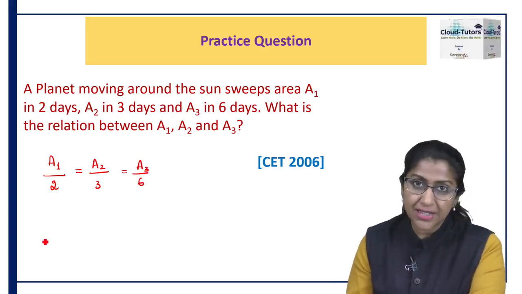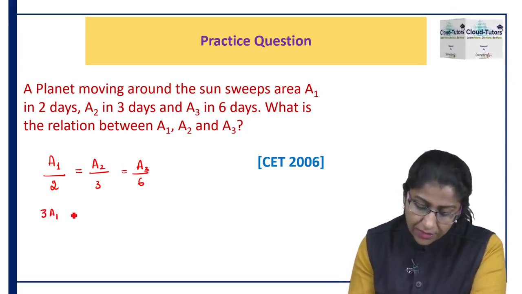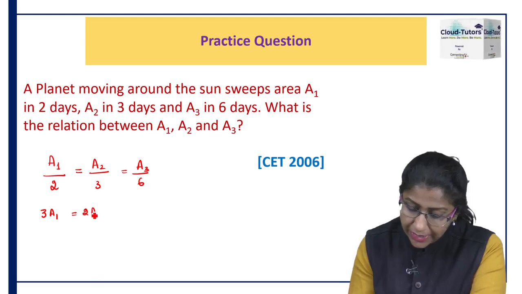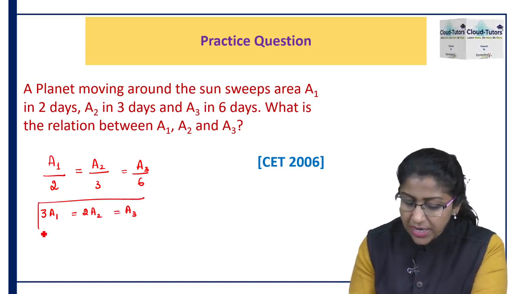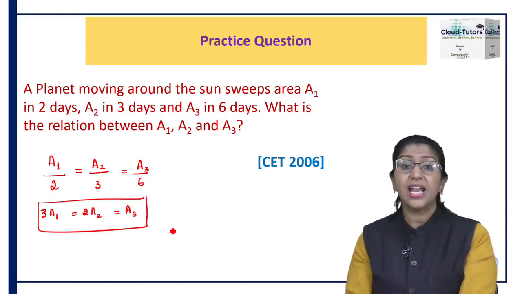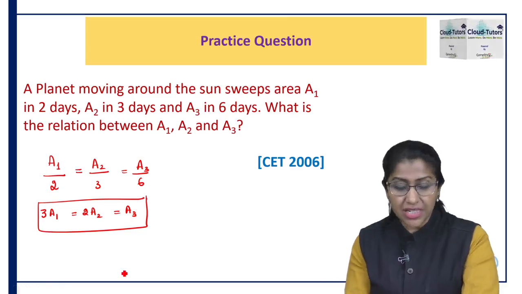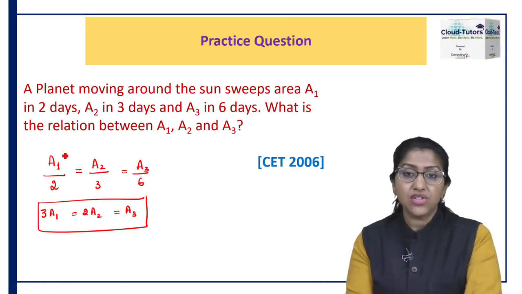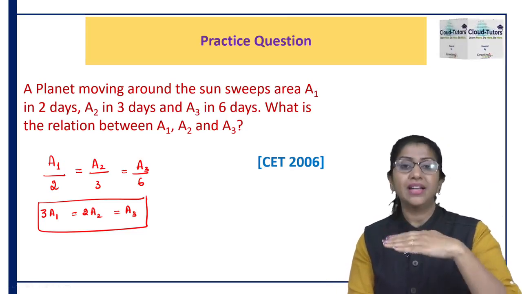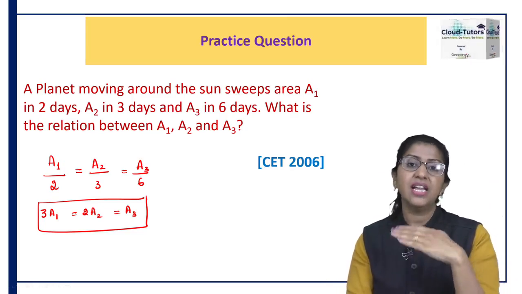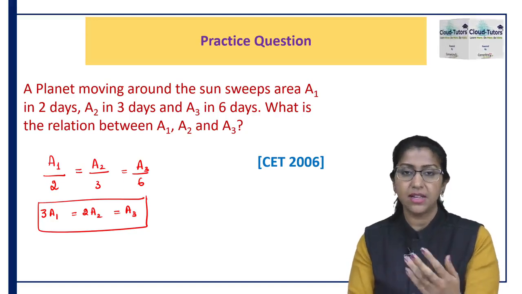On simplifying these ratios, we get 3A1 is equal to 2A2 is equal to A3. So our answer to this question is 3A1 is equal to 2A2 is equal to A3. How did we arrive at this? Because the ratio of area swept to time taken remains constant no matter how many days pass, correct?